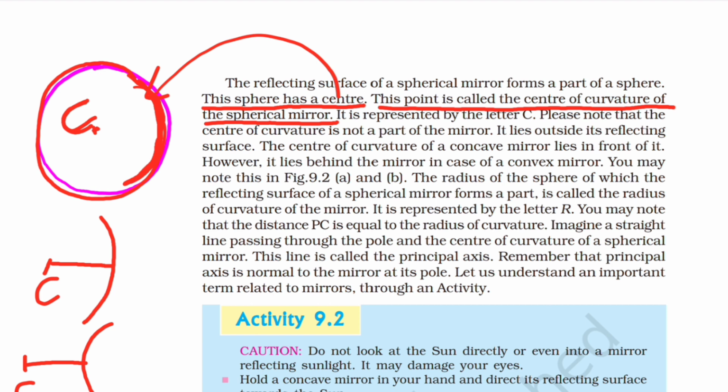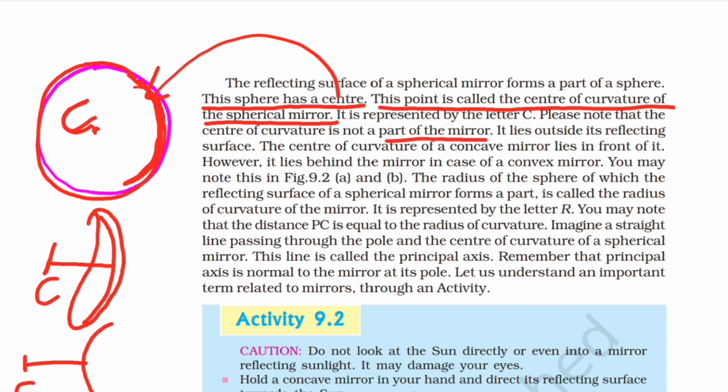We have to be careful. Without the center we can't draw the sphere, so it is needed, and it is at some distance.